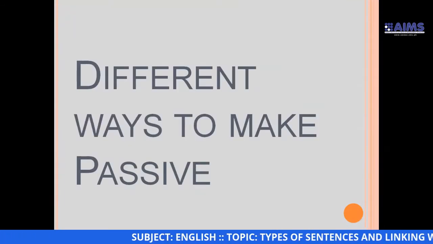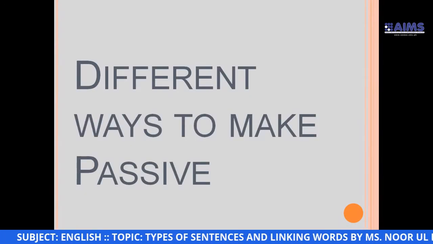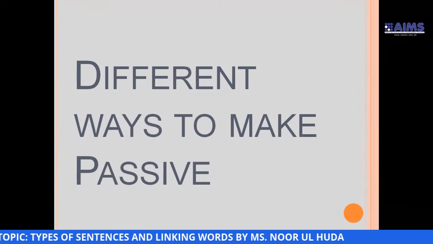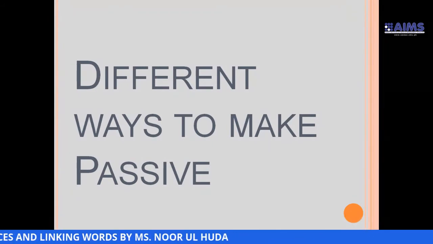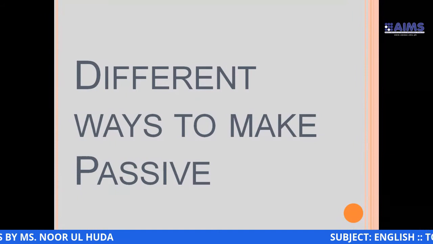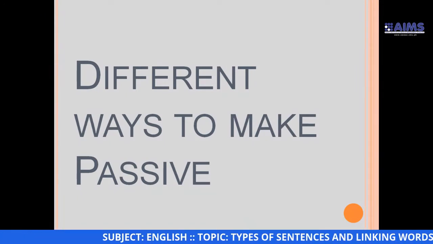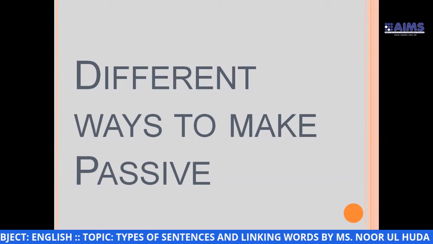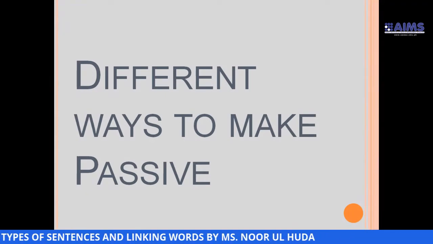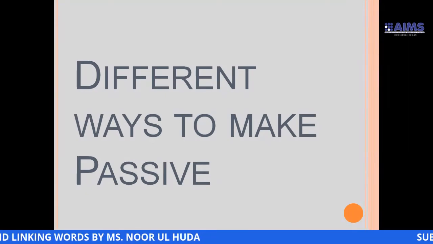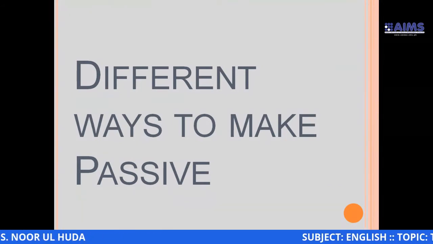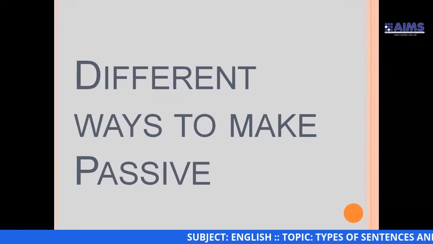Now, there are different ways to make the passive. One of the basic ways is to change the active sentence form into the passive form. For example, if the sentence is in simple present, we use is or are along with the third form of the verb, or the past participle.